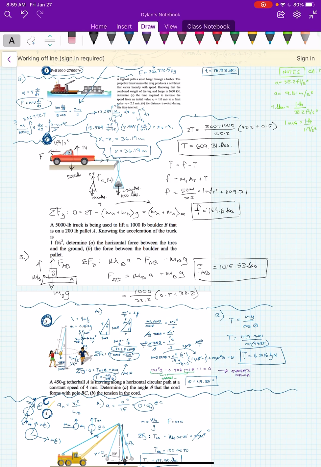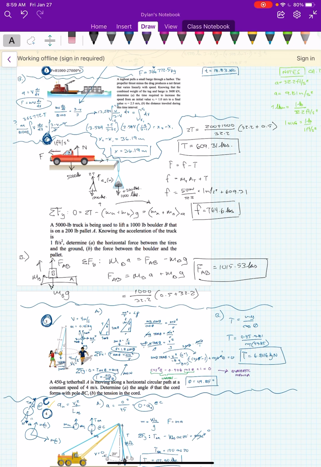Number 2, part A. So basically we just need to write down, after creating a force diagram for the two separate objects, a kinematic equation that would give us the force between the tires touching the ground.